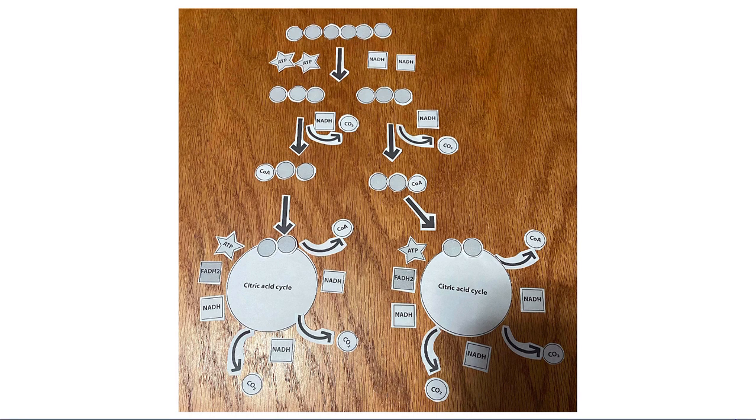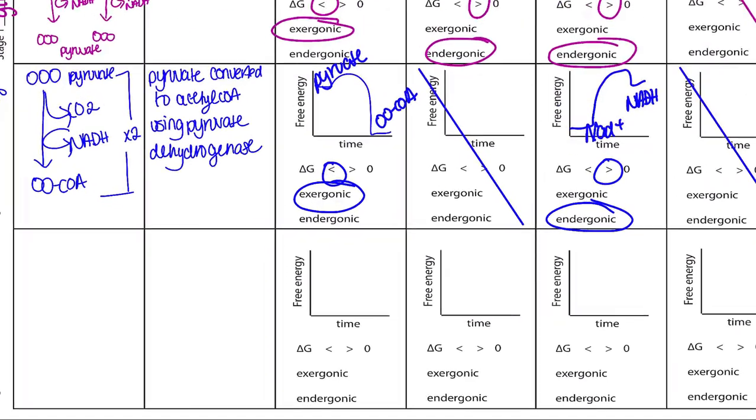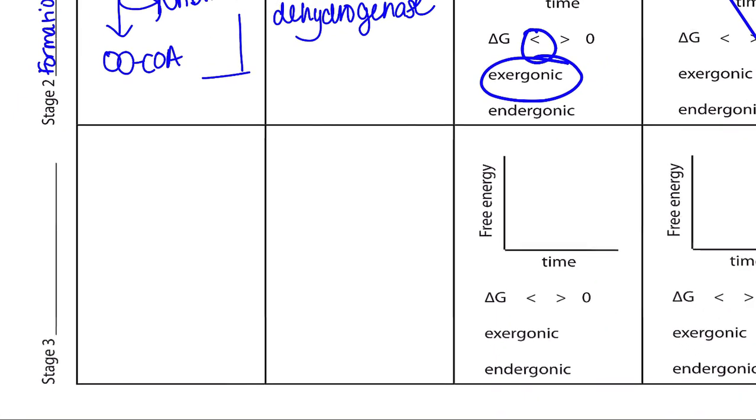So let's go back to our scaffold and let's fill out our last row. So again, I'm going to go ahead and zoom in here, and we're going to label this as the citric acid cycle. And let's go ahead and draw a representative drawing of what happens.